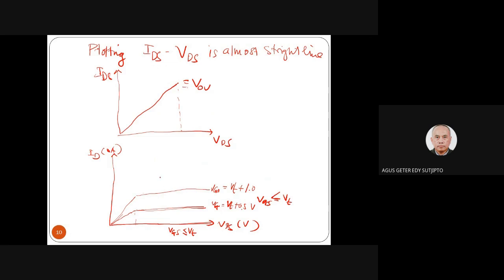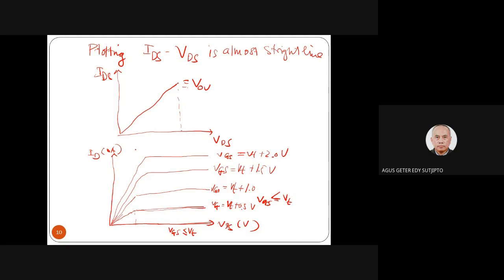Then again we have another VGS equal to VT plus 1.5, for example, and another VGS equal to VT plus 2.0.